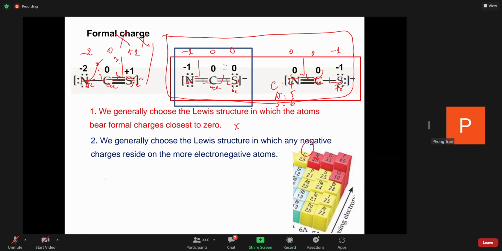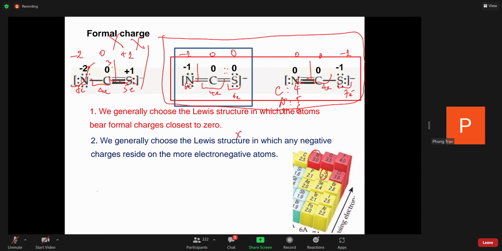So when you come back, you see that the second structure, where the formal charge -1 is on nitrogen, is correct, because in the third one the negative charge -1 will be on the sulfur, which has lower electronegativity compared with nitrogen. Is it okay?